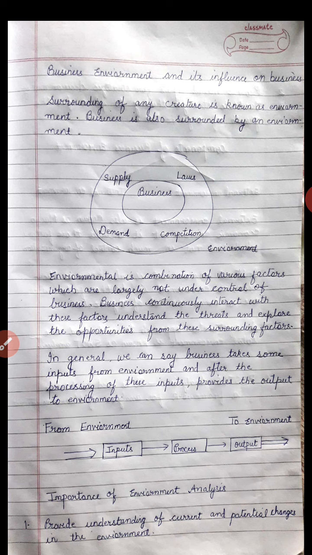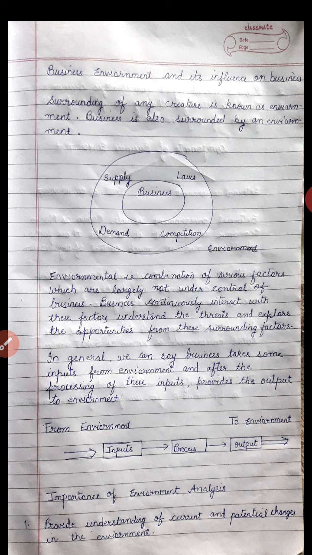Business continuously interacts with these factors and understands what threats are there, what opportunities might come around, and at the same time a business has to utilize those opportunities and overcome the threats. In general, we can say that business takes some inputs from the environment, processes them, and then provides the output to the society itself.